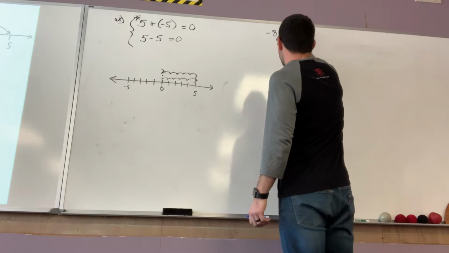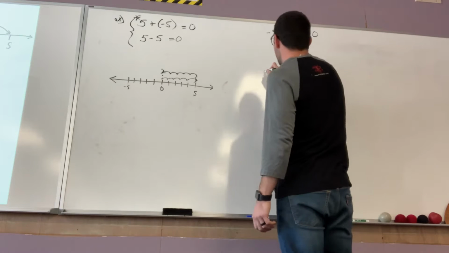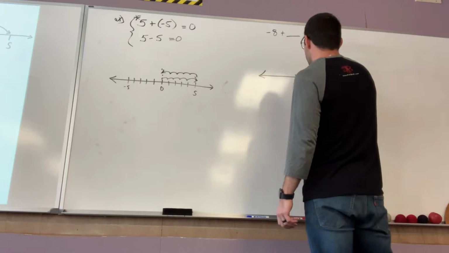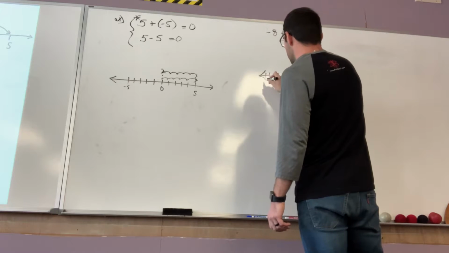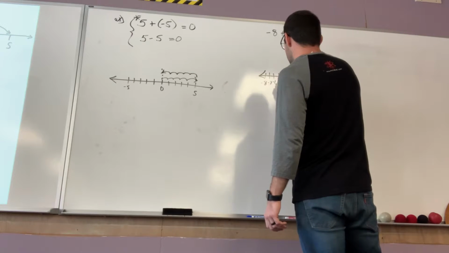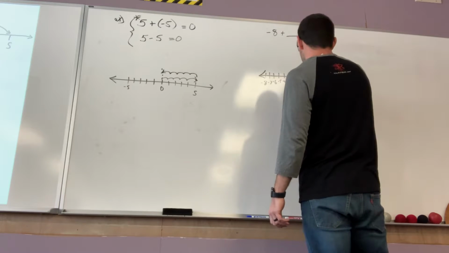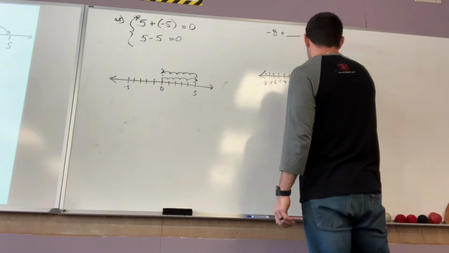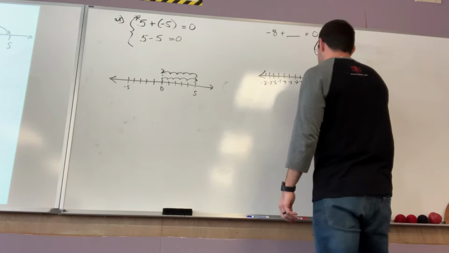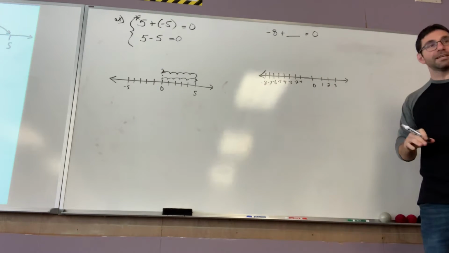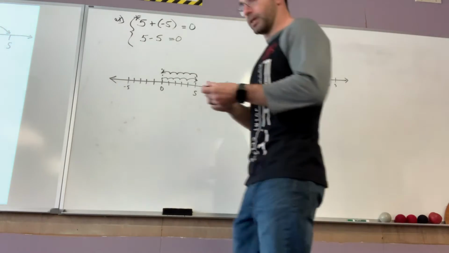So let's do negative 8 plus something equals 0. I'm not so much worried about the blank yet as I am about you showing me on a number line how you're going to go to negative 8 and back to 0. Go ahead.